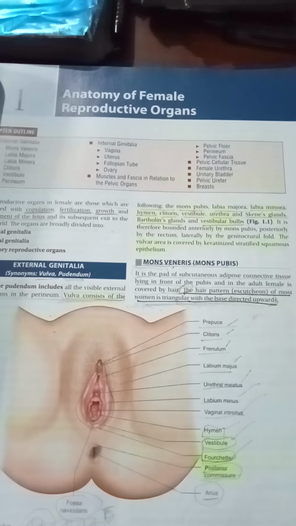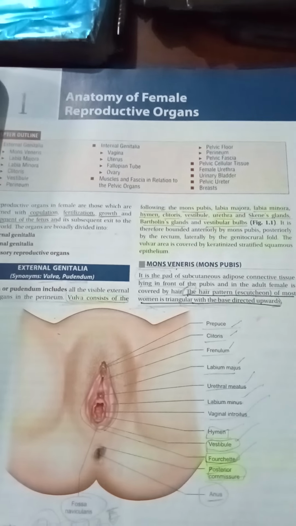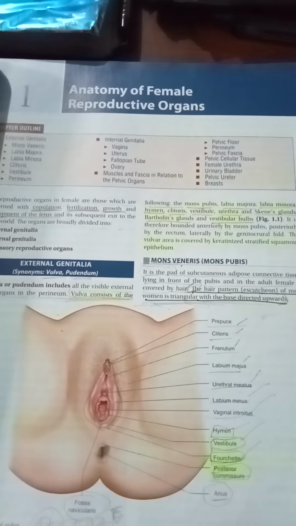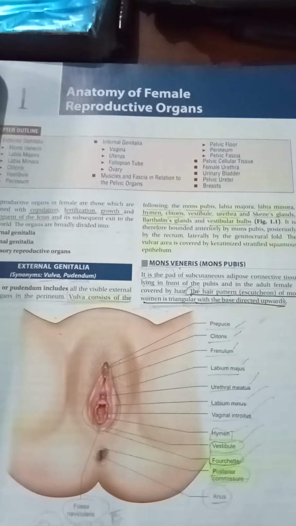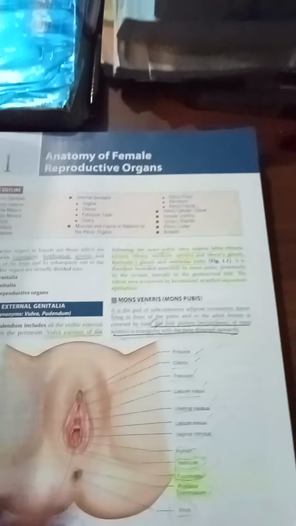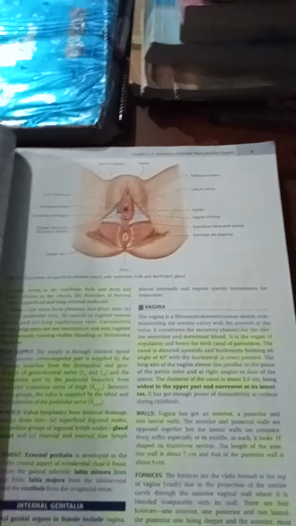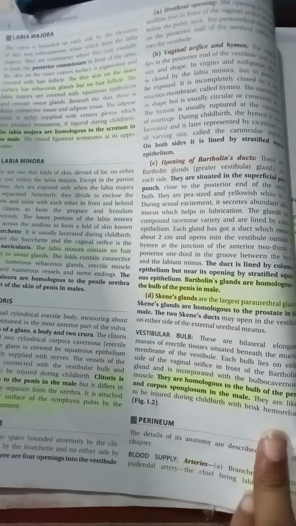Mons pubis laterally, anteriorly by mons pubis. Labia minora, labia majora, clitoris, vestibule, perineum. It is described later.